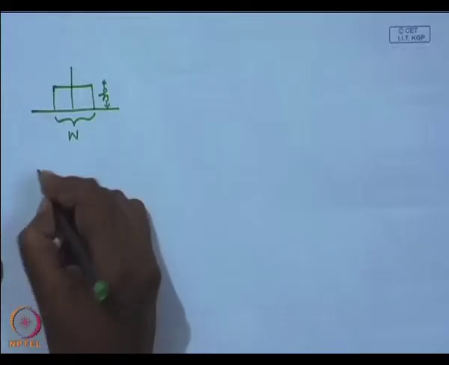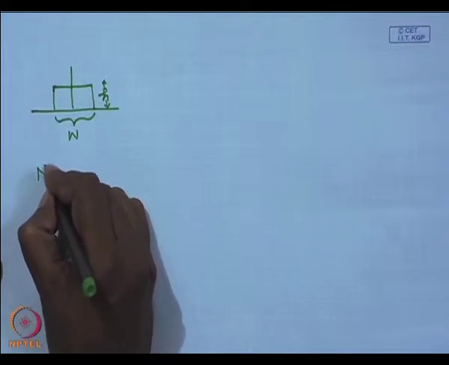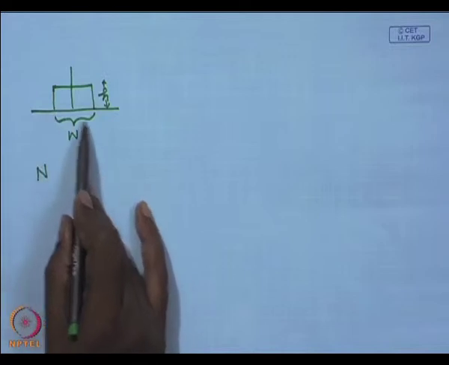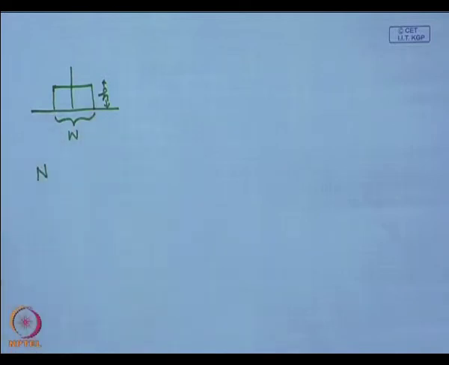So, if I have a total of capital N number of samples, I will have N such windows, and the total area of all these windows taken together has to be equal to 1.